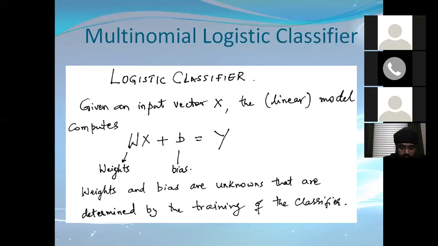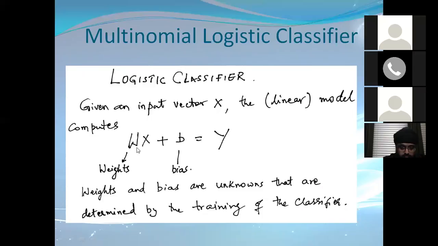That's x, and this is called a bias term. So what we are going to do is, you have examples. You have a number of these x's and you have a number of these y's, which are the results from the training set.